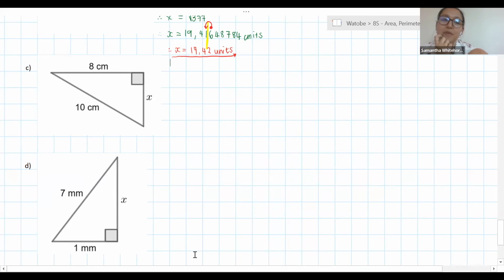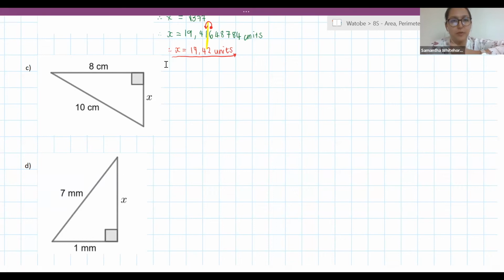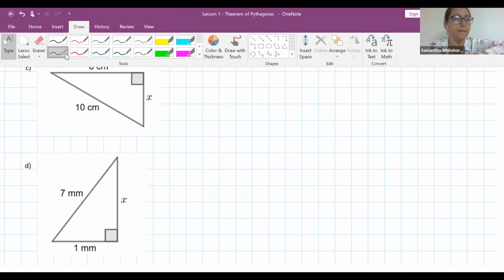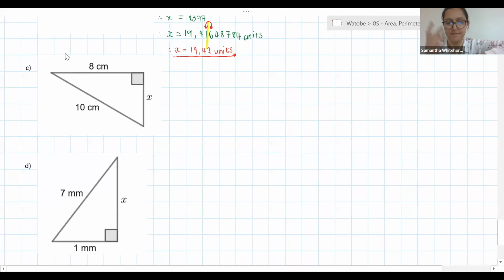And again, guys, remember, if you're getting decimals, that's fine. Sometimes we get decimals and that's okay. Just round off to 2 decimal places, or whatever the instructions tell you. I'm going to say 2 decimal places. Okay, I'm seeing some good answers for C. That's good.